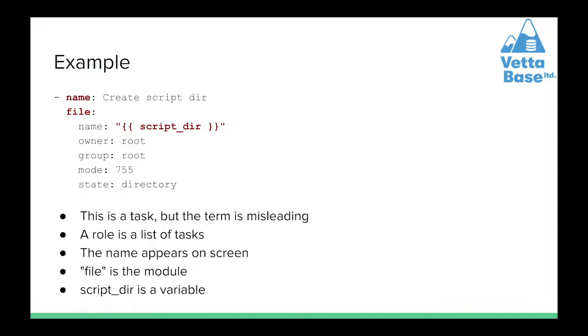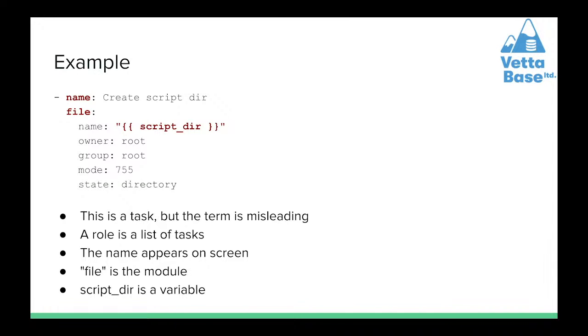Then we use file, which is a module, and for this module we specify some attributes. For example, we define a name, an owner, a group, and so on. But to set the name, we are using a variable, which is script_dir.